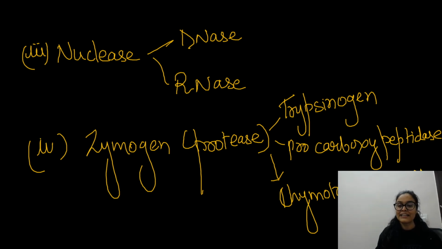These are inactive protein digesting enzymes secreted by the pancreas, and they get activated in the small intestine, which you have to remember. All of these are the protein digesting enzymes of the pancreas.